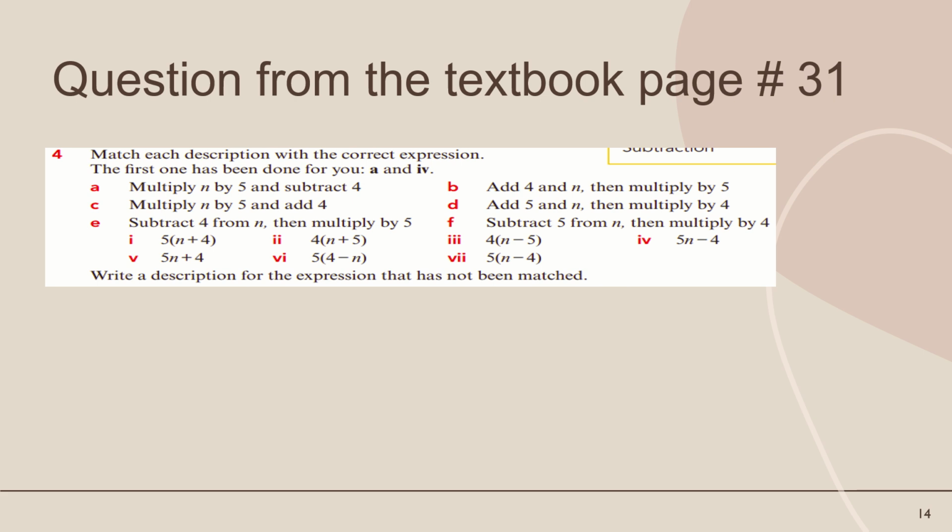Match these with the correct option. This is a matching question. There are almost 6 parts, A, B, C, D, E, F. Match each with the correct expression. For example, A is multiply n by 5 and subtract 4. Multiply n by 5 means 5 into n, and subtract 4.